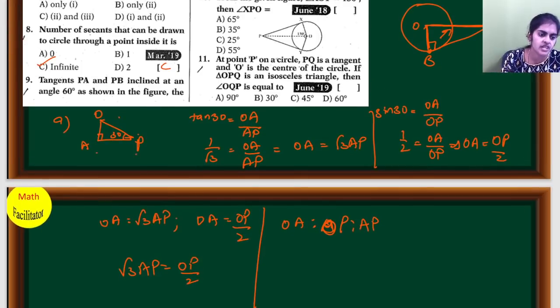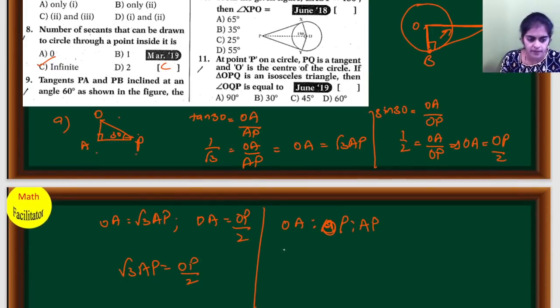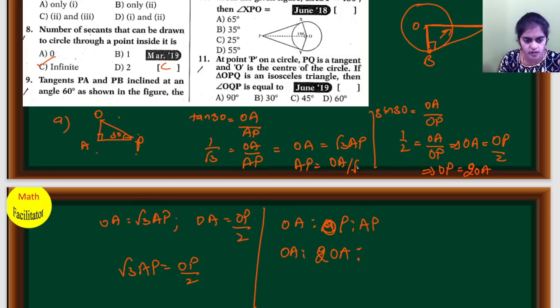So OA I am writing as OA. OP, see here, from here I can write OP as 2 OA, isn't it? So I am writing this as 2 times OA, and AP, from here, I can write it as OA divided by root 3.